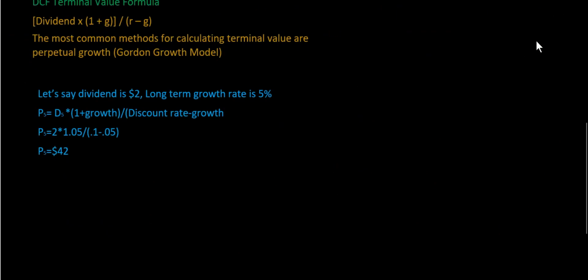Now one question arises: how to compute the terminal value? I just said we forecast the cash flow, that is the dividend, based on past data, and after that we forecast the terminal value, maybe after 5 years, because we assume the company will have a higher growth for a certain period of time.